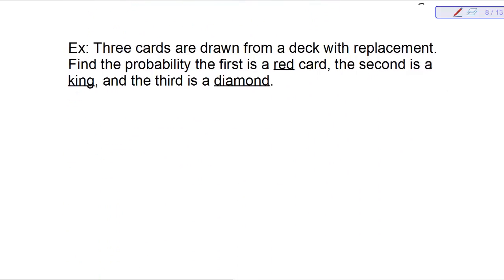So let's look at an example. 3 cards are drawn from a deck with replacement. Therefore, we're putting them back each time. Find the probability the first is a red card, the second is a king, and the third is a diamond. Okay, so that's the probability that we want a red, then we want a king, and we want a diamond.